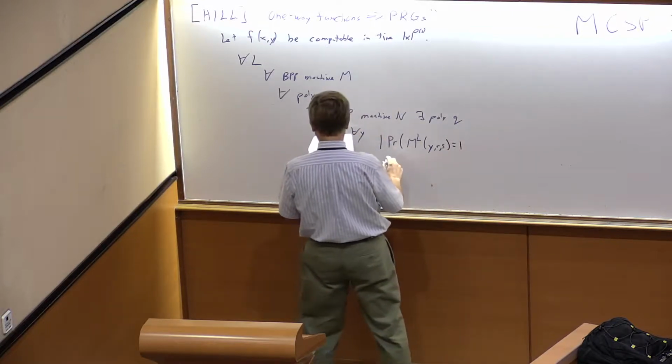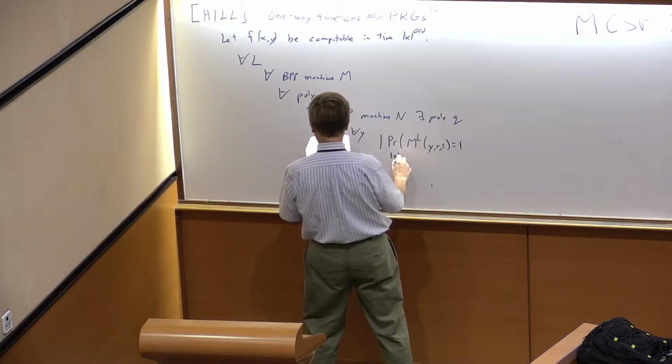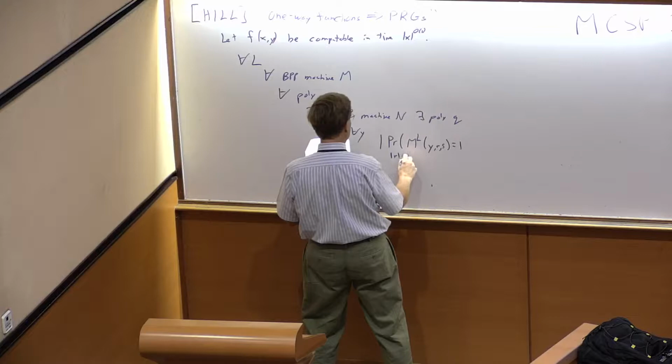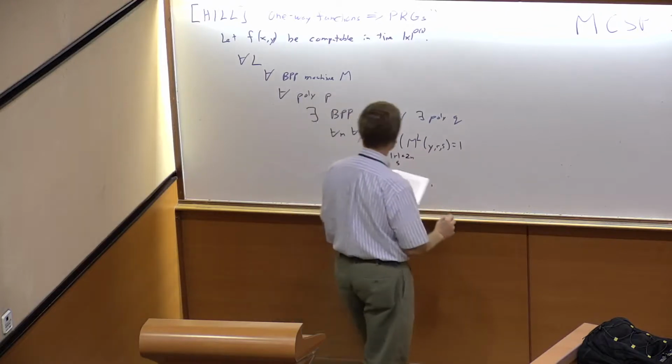What's R? R is just a string of length 2n, and we're also taking S, any random string.